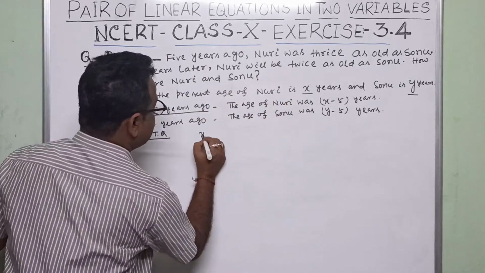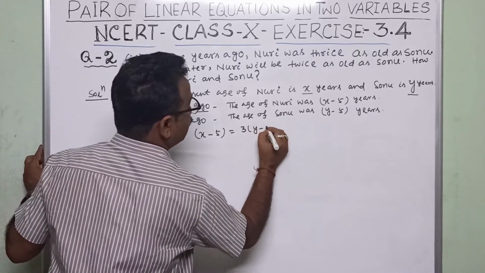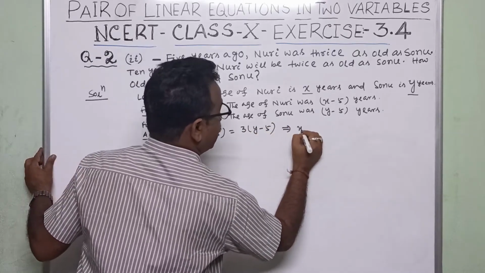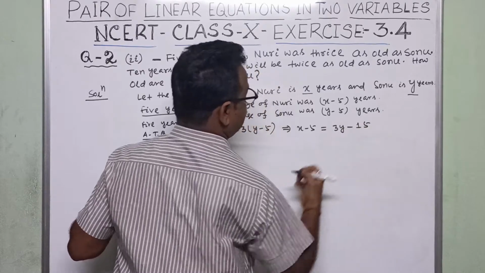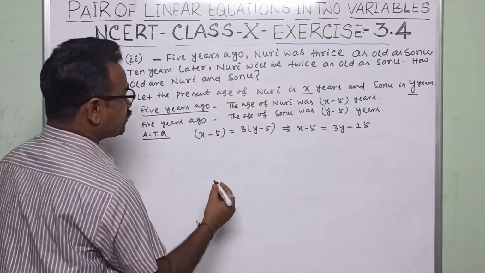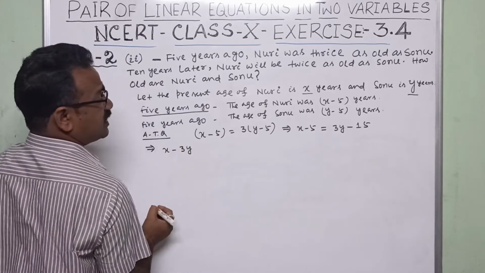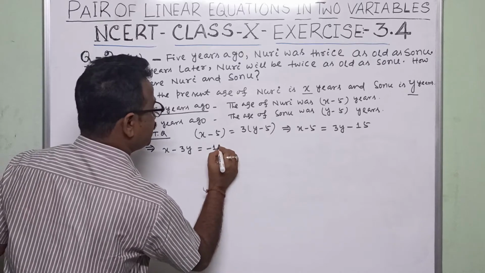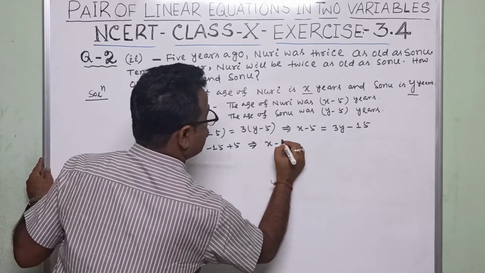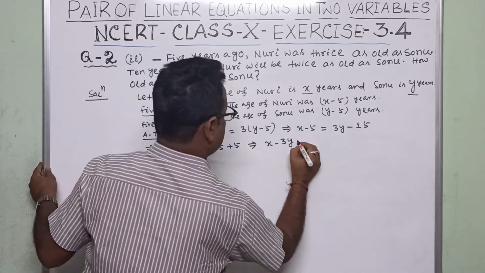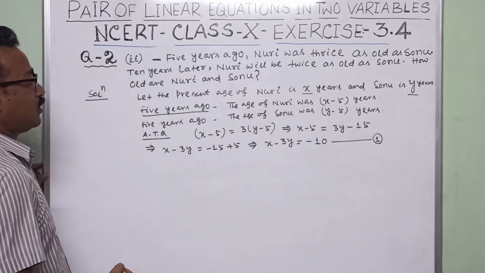So x minus 5 is equal to 3 into y minus 5, that implies x minus 5 is equal to 3y minus 15. That implies x minus 3y is equal to minus 15 plus 5, so x minus 3y is equal to minus 10. Equation 1.